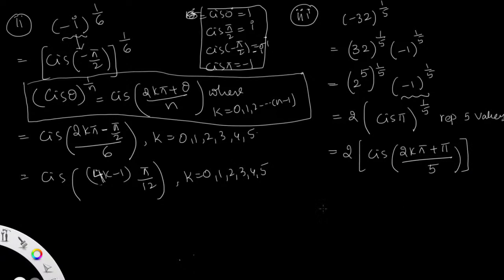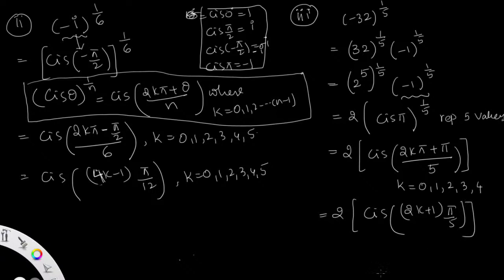So k equals 0, 1, 2, 3, 4, starting with 0 up to 4, totally 5 values. The last simplified term is 2 into cis of (2k plus 1) pi by 5, where k represents 5 values: 0, 1, 2, 3, 4. That's all. This is question number 3.